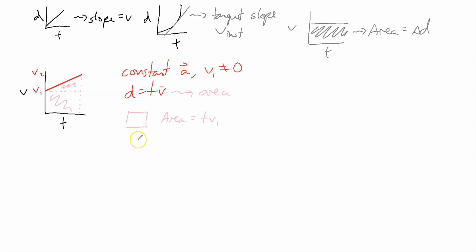For the triangle, the area would be base times height divided by 2. The base is time, and the height of that triangle is not v2, it's actually v2 minus v1, so base times height divided by 2.